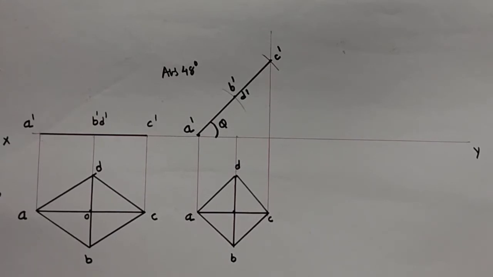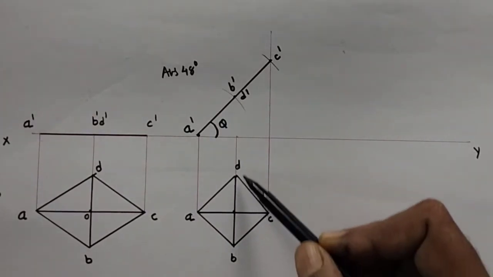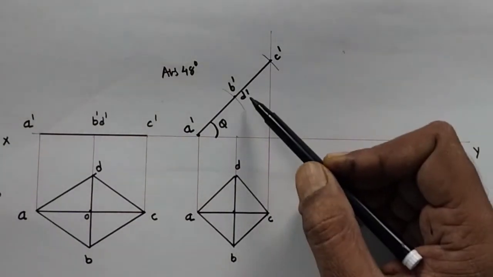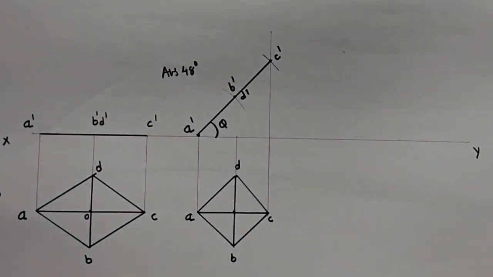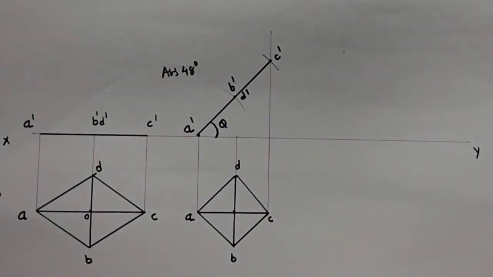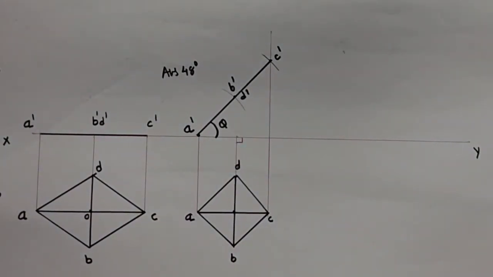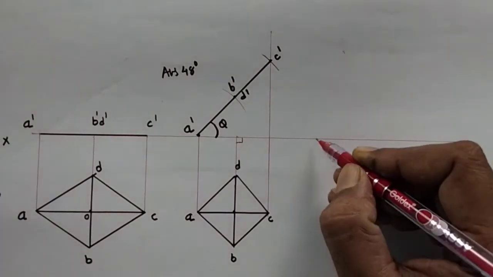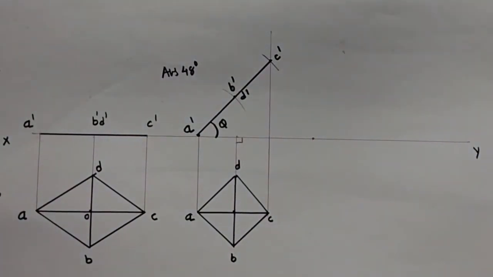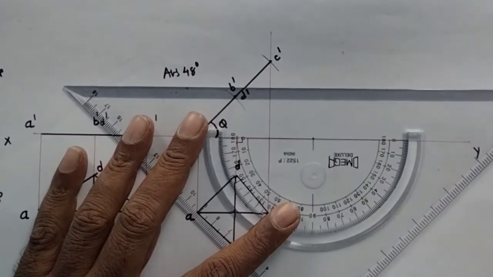Now the third stage of the problem says here, the body diagonal BD, which is perpendicular to VP, is inclined to VP 45 degree. Here it was inclined to VP 90 degree. So what we do, just with T-square. First I mark the reference point on the XY line. At the reference point, first we draw the 45 degree inclination line.